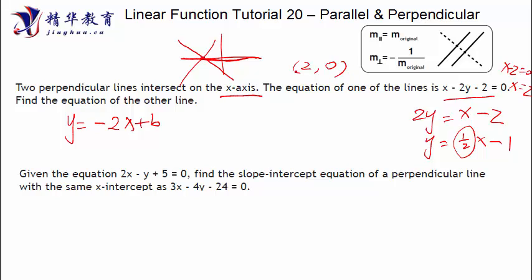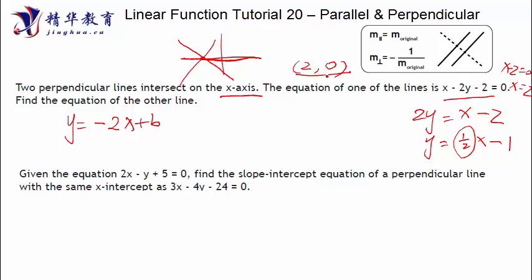Now this point is on the x-axis and also crosses this line. So this (2, 0) point is on the x-axis, it's on this line, and it is also on our line because our line and this line cross at that point.